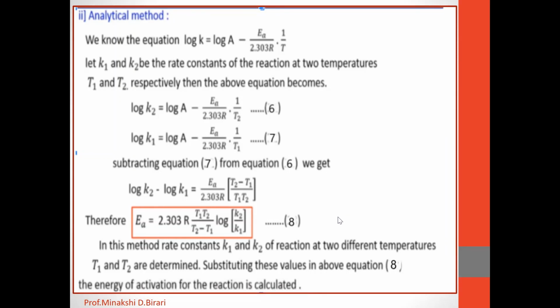So, by using these two methods, we can calculate the energy of activation. First one, the graphical method, and second one, the analytical method.